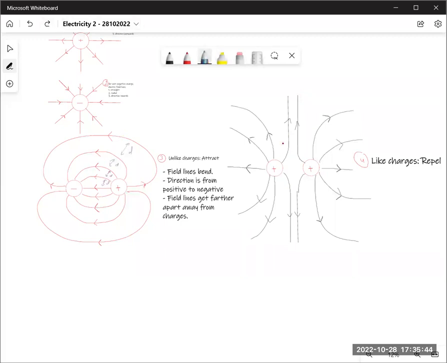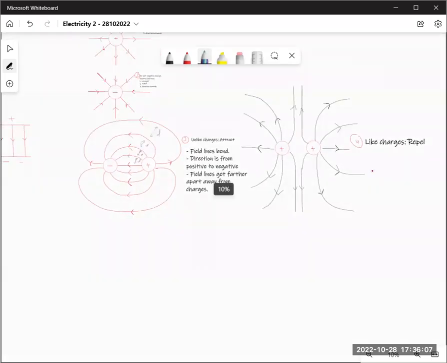Right now, we have 1, 2, or let's say 5 field lines on each charge. This is 1, 2, 3, 4, 5. So you need to show 5. But I would prefer that you show the whole thing to get full marks.